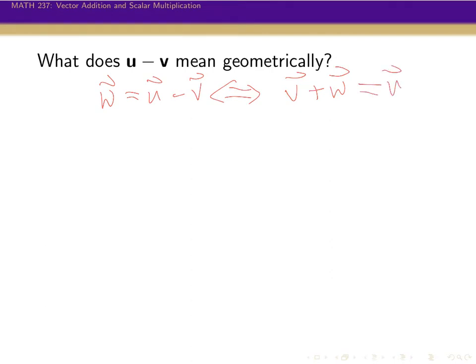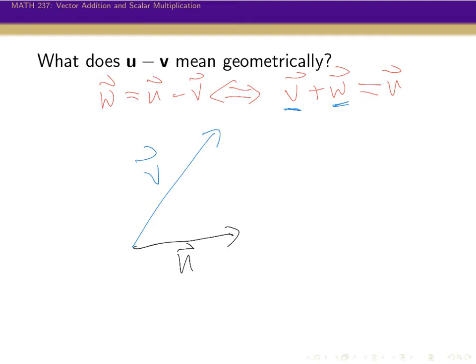Okay, so let's draw these out and let's think about where w fits into this picture. So let's say there's u. Let's have v start at the same place. There's v. Now I want w to be set up such that if I do v and then w in some way, I end up at the end of u.